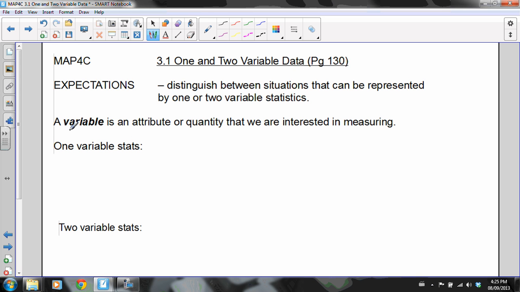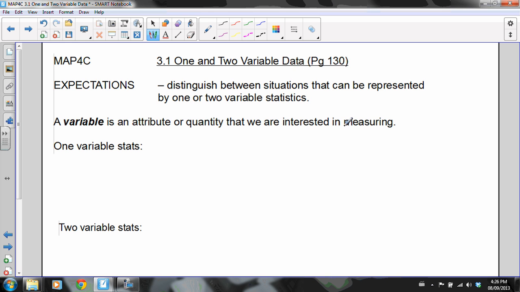This idea of a variable is an attribute or quantity that we are interested in measuring. So the first one was people that we asked, but what we were asking them about perhaps was, what college program are you going into? Are you going into education or arts and sciences or business? So the variable, what we were interested in measuring, was what program they were into.